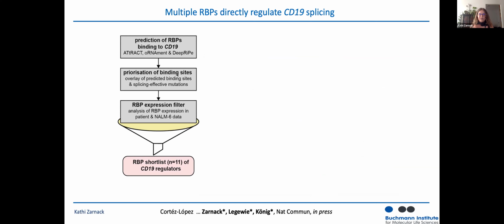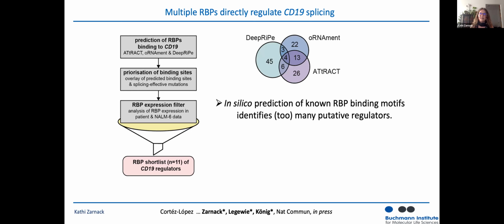Then she looked how these overlapped with the splicing effective mutations, and in the end also checked which of these RNA binding proteins would actually be expressed, both in our patient data and also in the cell line that we use for our experiments. And from this pipeline, we came up with a short list of 11 candidates, which were then tested by Laura in the lab, whether they can actually change the CD19 alternative splicing.